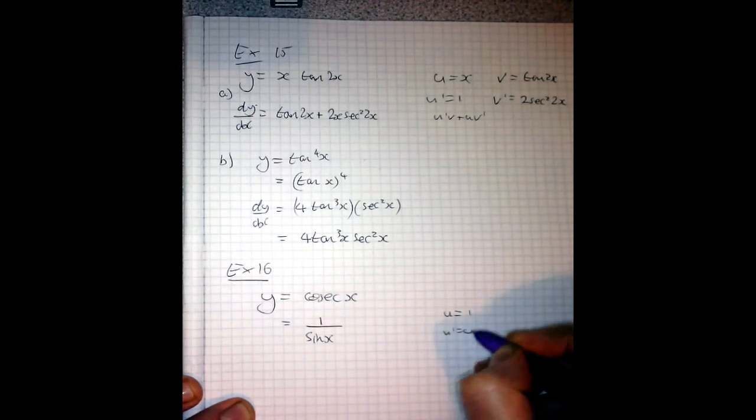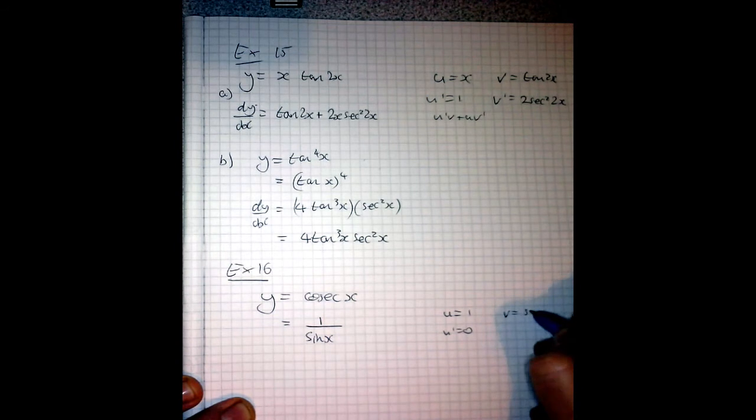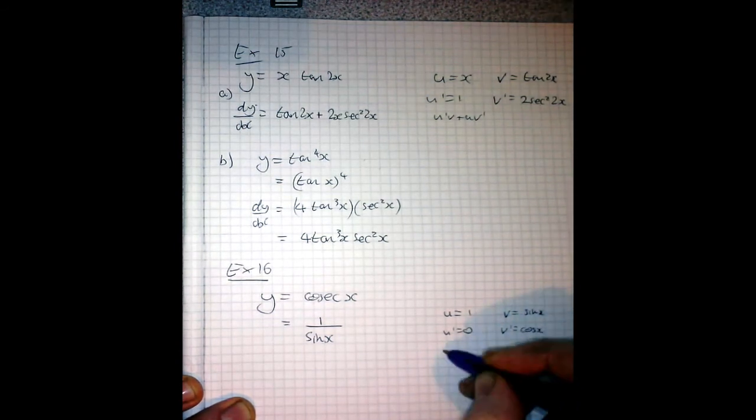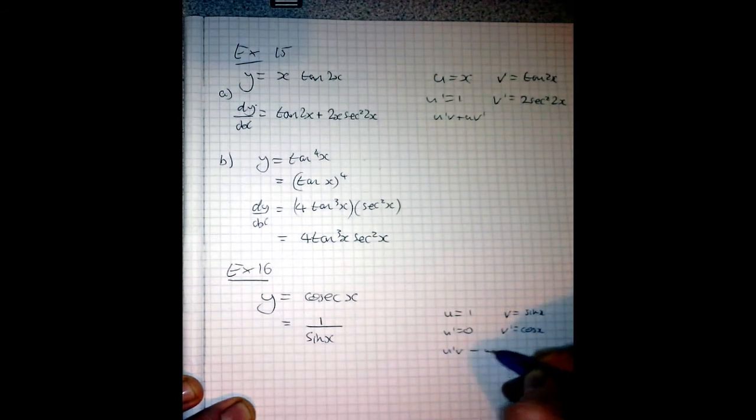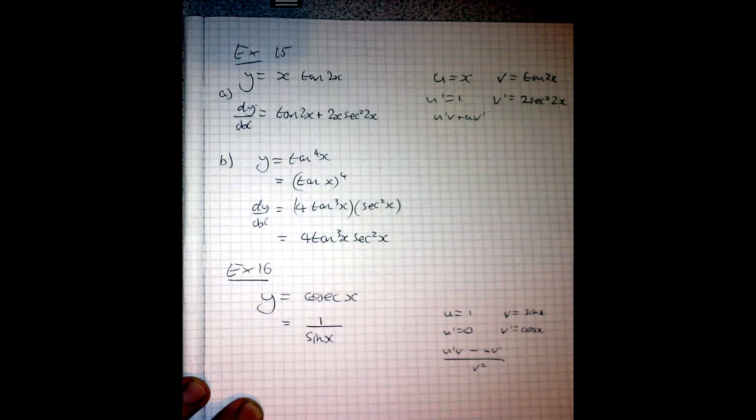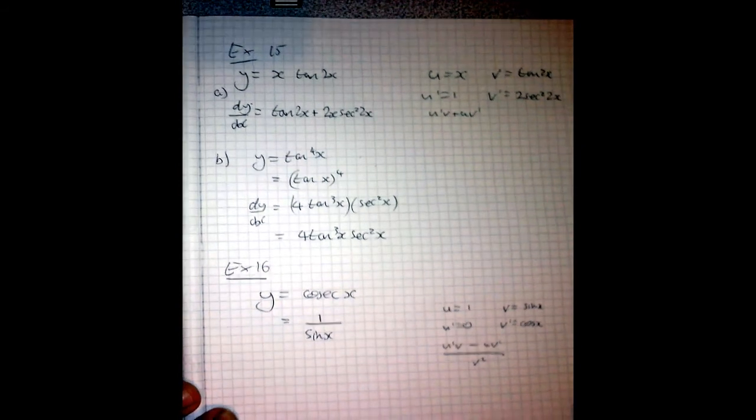U dash V is 0 minus U V dash, so minus cos x over sine squared x.